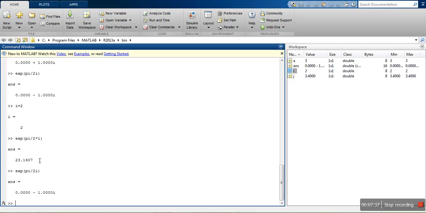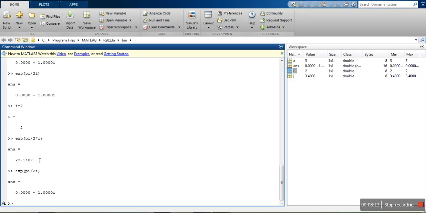Here, whenever we are defining i explicitly, then whenever i is encountered in an expression with some operational sign, that means plus, minus, division, it will consider it as the value of i, and the value of i will be used to evaluate the expression.